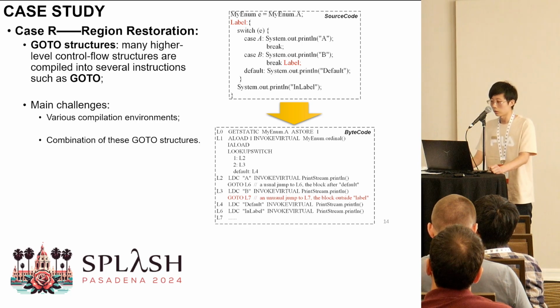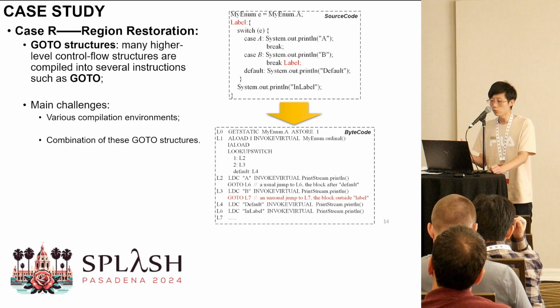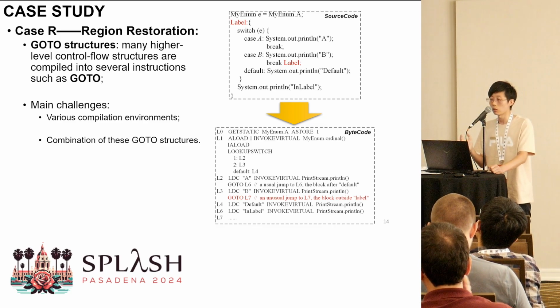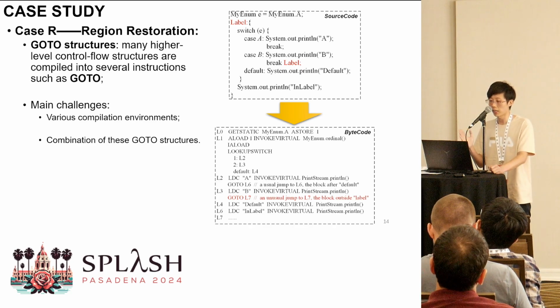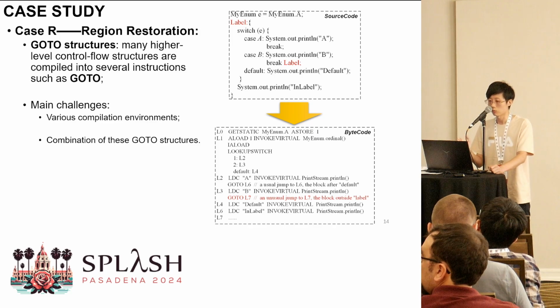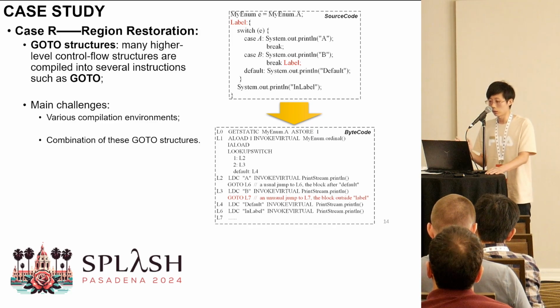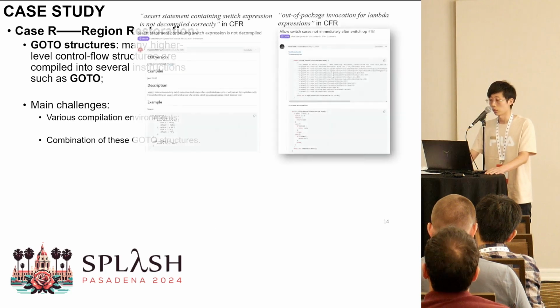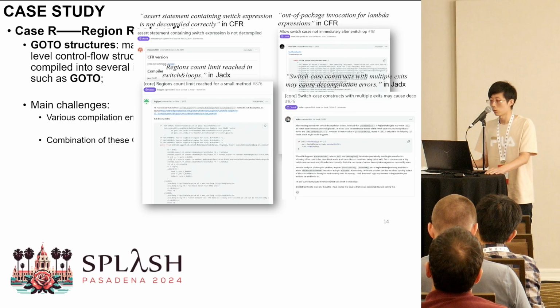The challenge is that each goto may be mapped to various goto structures, so it is an error-and-try process to select the most compatible goto structure. The challenges may be tougher under different compilation environments or different combinations of goto structures. There are a lot of bugs related to region restoration in CFR and JD-Tester utilizes.